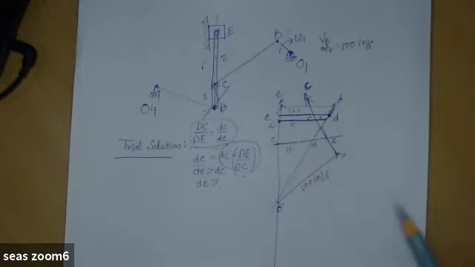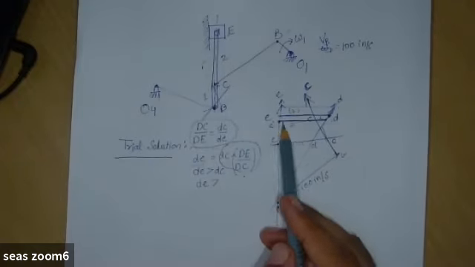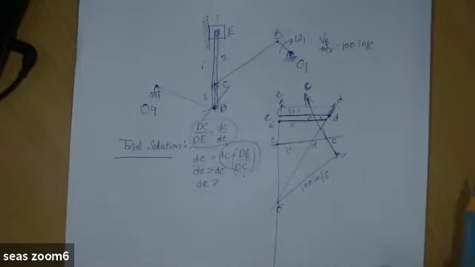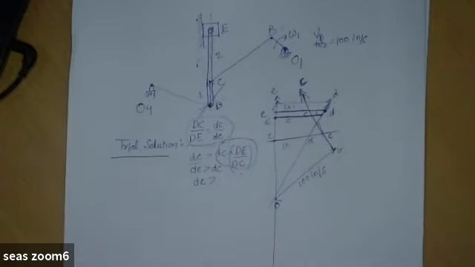and D. This is a trial solution method and requires a lot of alterations, a lot of changes in the drawing. But this becomes a very convenient method to determine the velocity when the mechanism is complex.